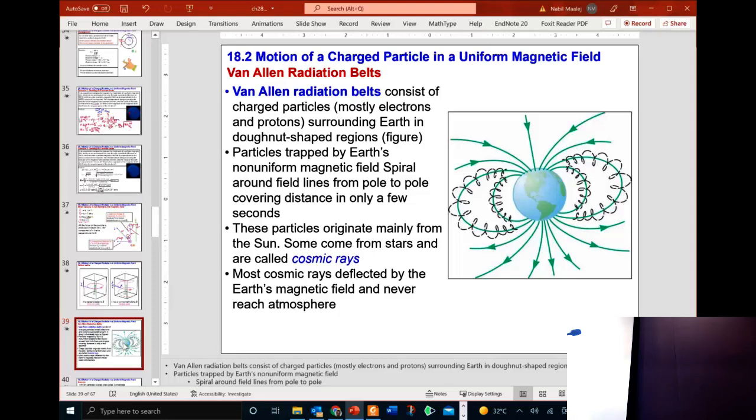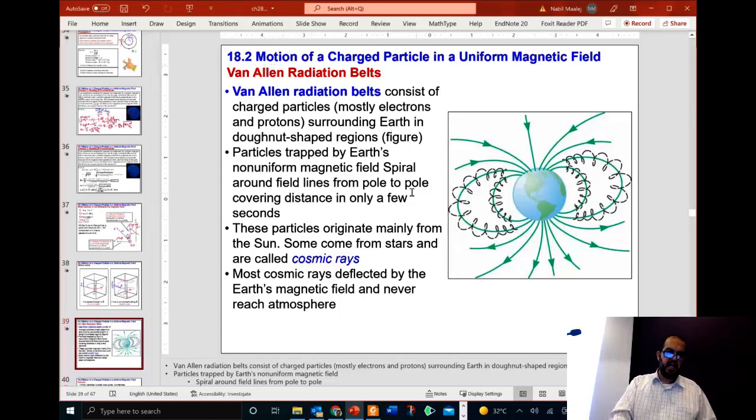But at the north and south geographic poles, these charged particles are close to the Earth and they interact with the atmosphere. The different colors that we see are due to the different atoms or molecules in the atmosphere. So that's what we call the Van Allen radiation belt.